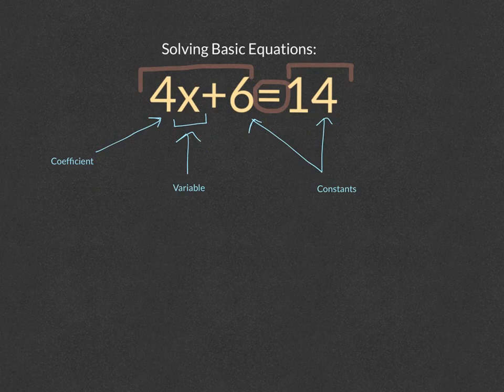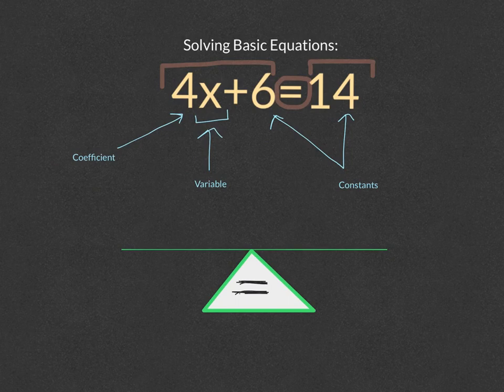So when I'm solving an equation, I like to think of the two sides of the equation as a scale, where the two sides of the scale must always be balanced. Okay, so for these two sides to be equal, on the left side of the scale, we would end up with 4x plus 6.